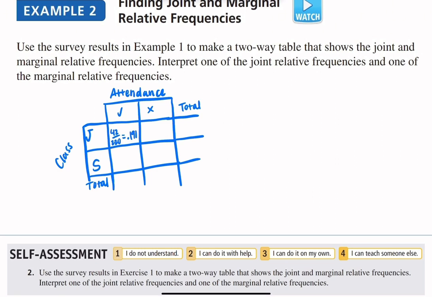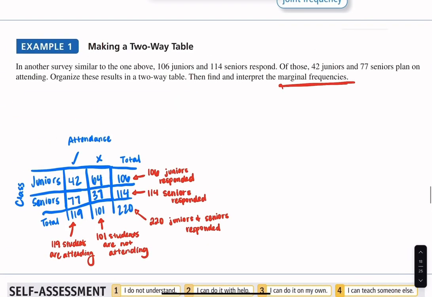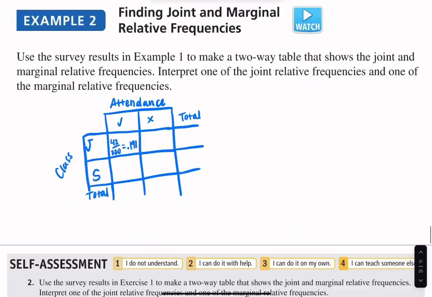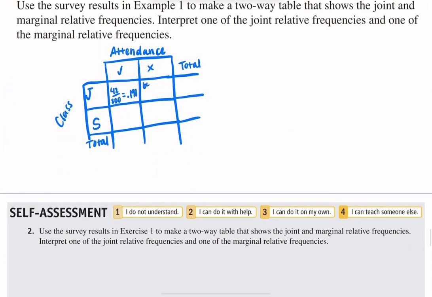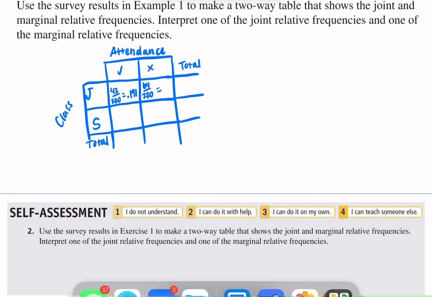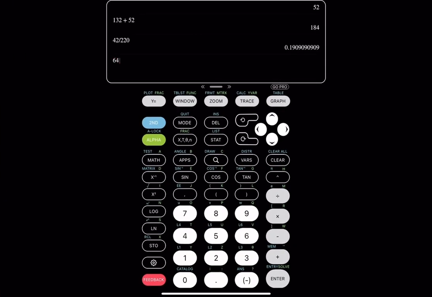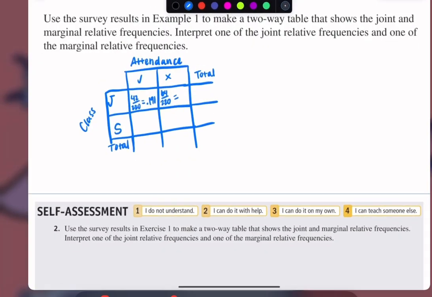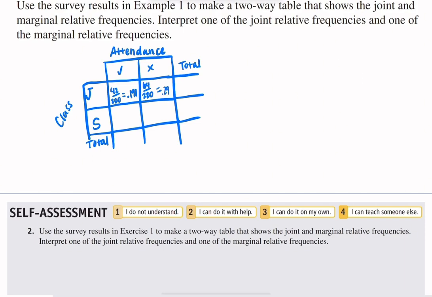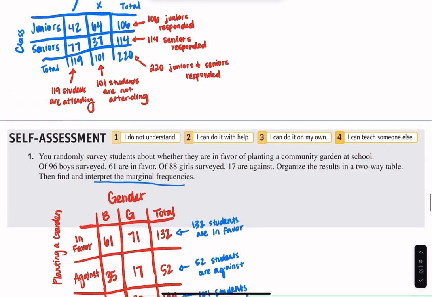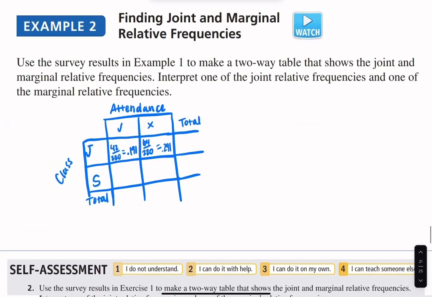Now, I drew my table a little tiny, but it's okay. For juniors not attending, I had 64 out of 220, which is about 0.291. For seniors attending, I had 77 out of 220.